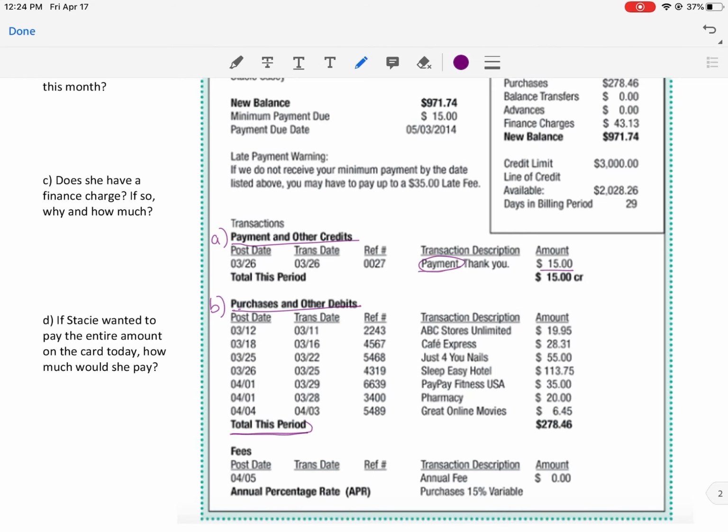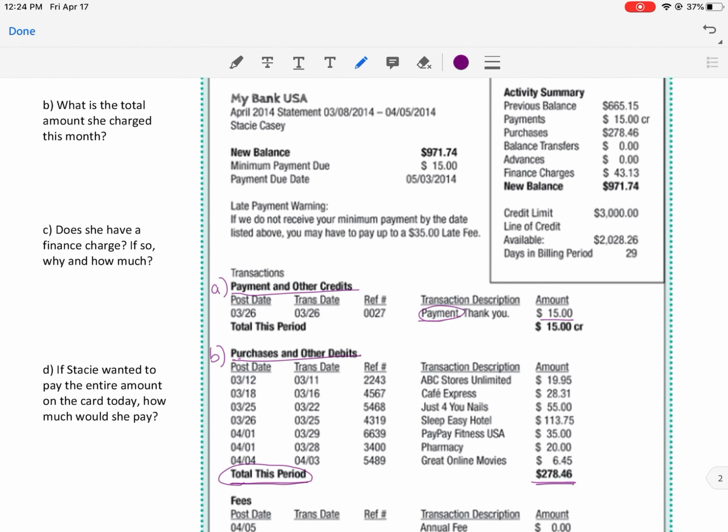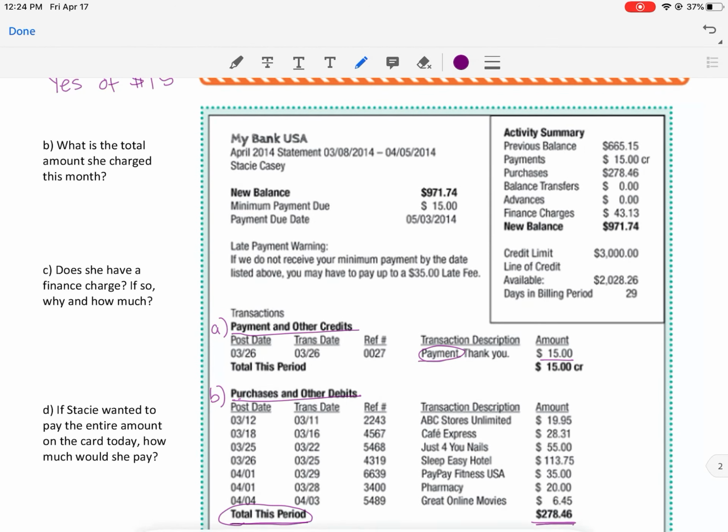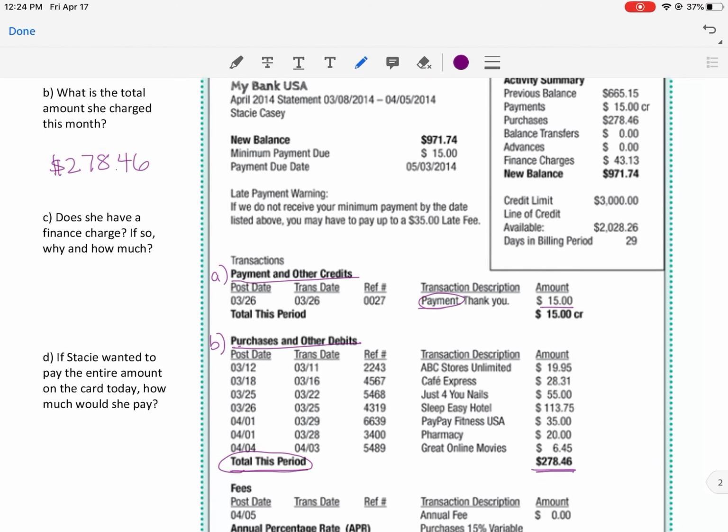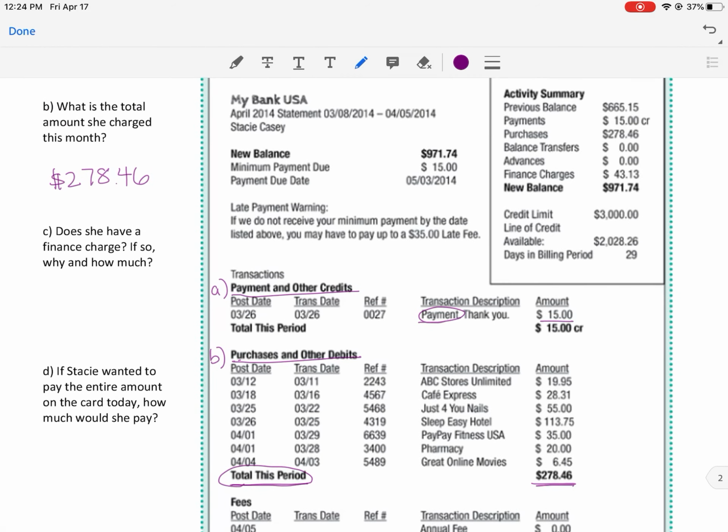So look down here at the bottom, the total for this period, which is $278.46. Something like a word search, but with some numbers, right? Okay, and you can also look it up over here on the upper right where you have the account summary. You see that purchases for $278.46.